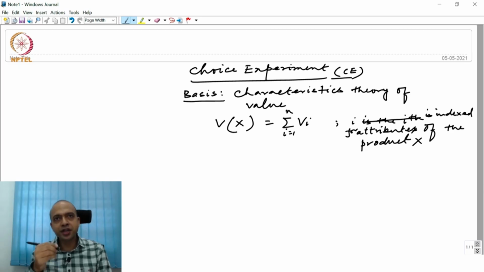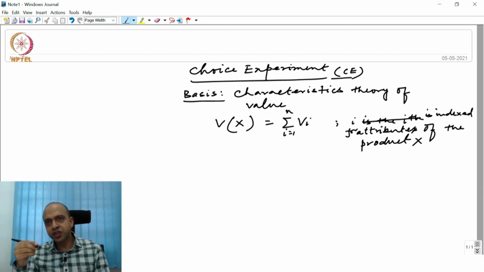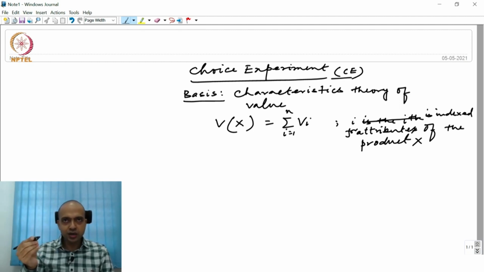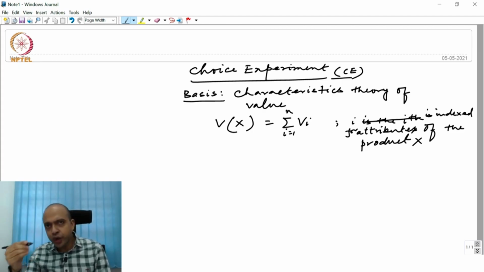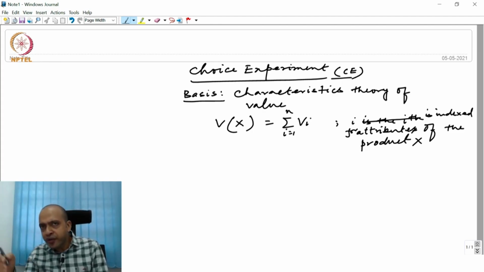For example, let's say Hyundai is trying to introduce a new vehicle. Now the company wants to know which attributes should be emphasized more in the new product, that is, which attributes generate more utility to the consumer.